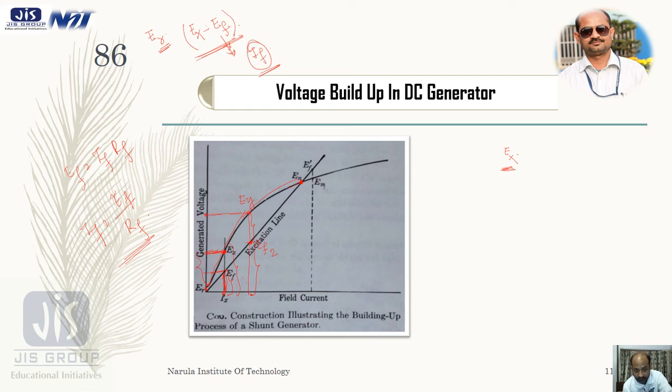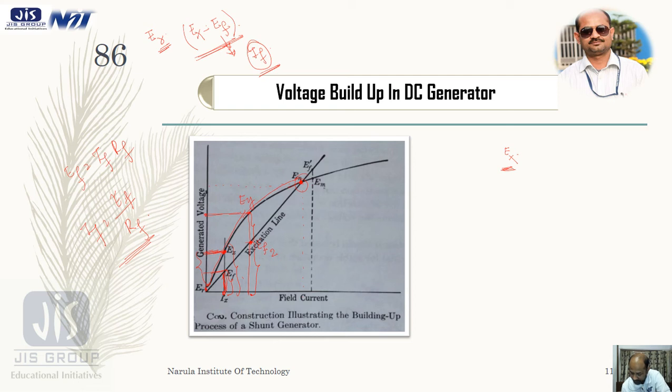Now if you look at this equilibrium point, the difference has vanished. That's why we call this point the equilibrium point.